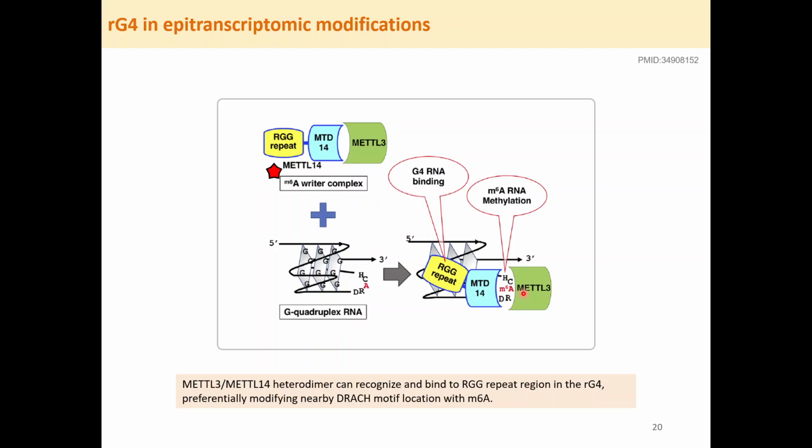That is, the rG4s influence the efficiency and location of m6A addition, thereby creating a specialized microenvironment that favors epitranscriptomic outcomes. This sequential mechanism ensures that m6A modifications are precisely targeted to regions adjacent to rG4s. Such precise localization is believed to be a key determinant of the biological outcome, whether an mRNA is destined for rapid degradation or translation regulation.